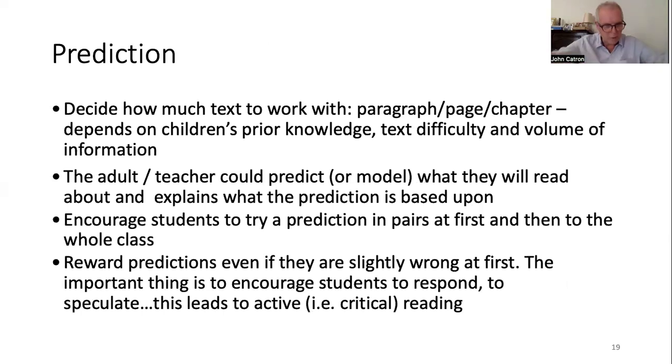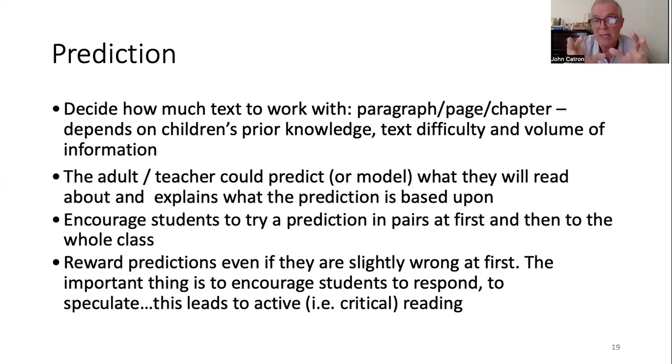Right, so we've got everybody engaged. Then we ask the students to predict what's going to happen. What are we going to find out in this next section of the book, these next couple of paragraphs? Usually in an active reciprocal reading session, it'll be two paragraphs. It's a short section because we're going to read it in depth.